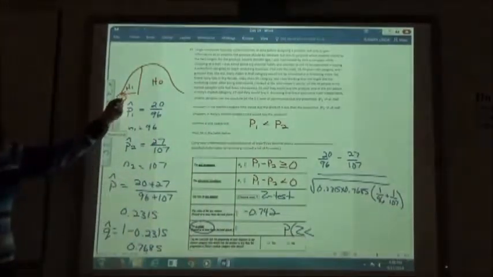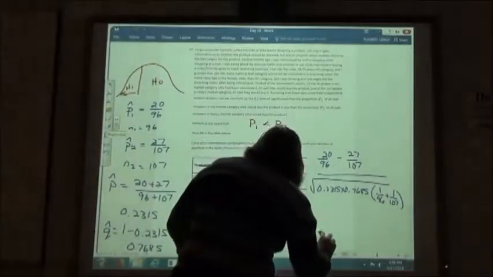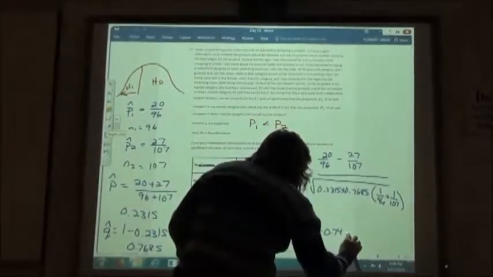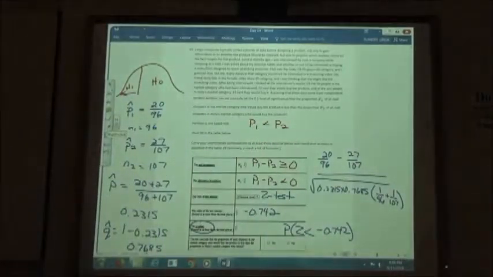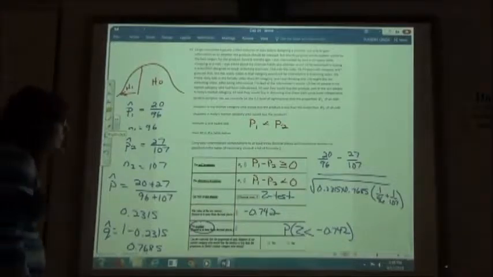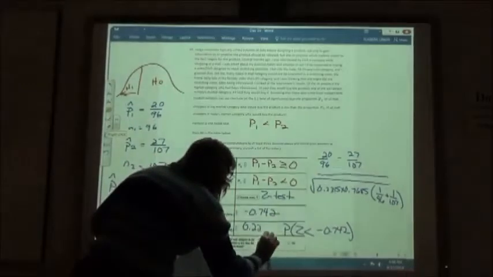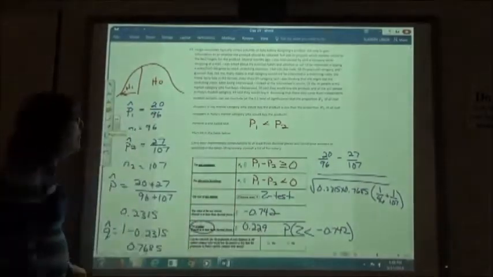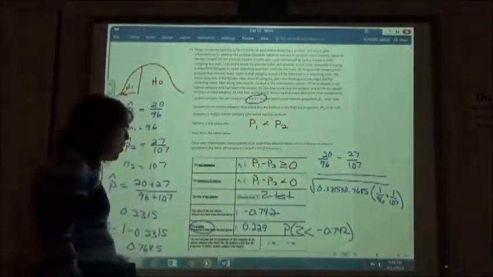We are doing a left-tailed test, so we're just going to put P of z is less than negative 0.742. We don't need the 1 minus since it's not a right-tailed test, it's a left-tailed test. We get 0.229. We are comparing that percent to our critical value, which is 0.1.